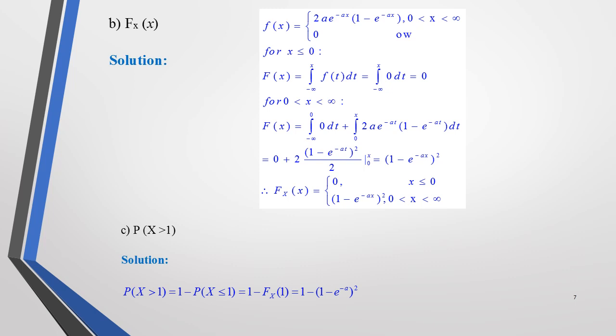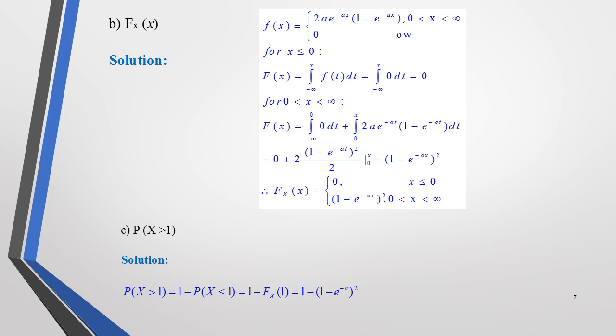The first integral equals 0, and the second one is equal to 2 times 1 minus e to the power negative at all squared divided by 2, evaluated at 0 and x. 2 will be cancelled with 2, and at the end the CDF equals 1 minus e to the power negative ax all squared.